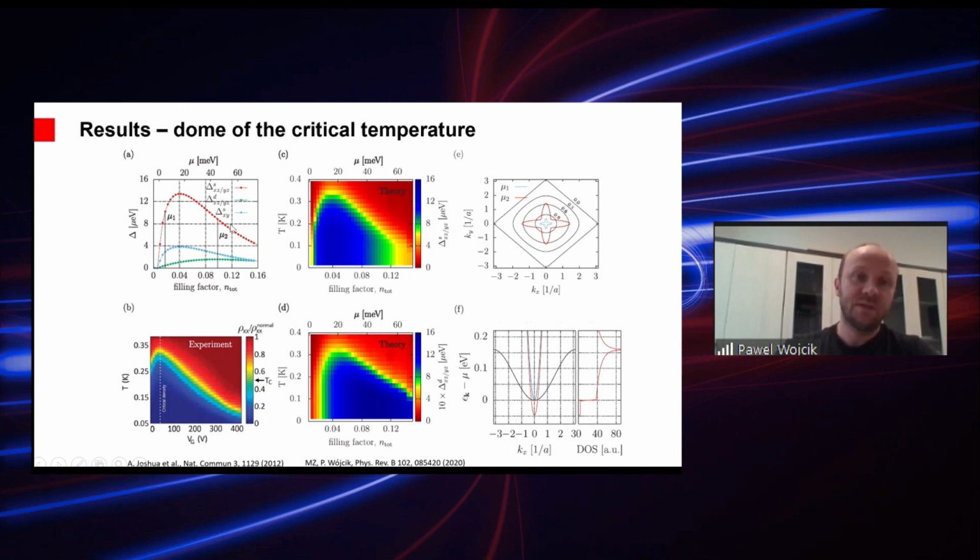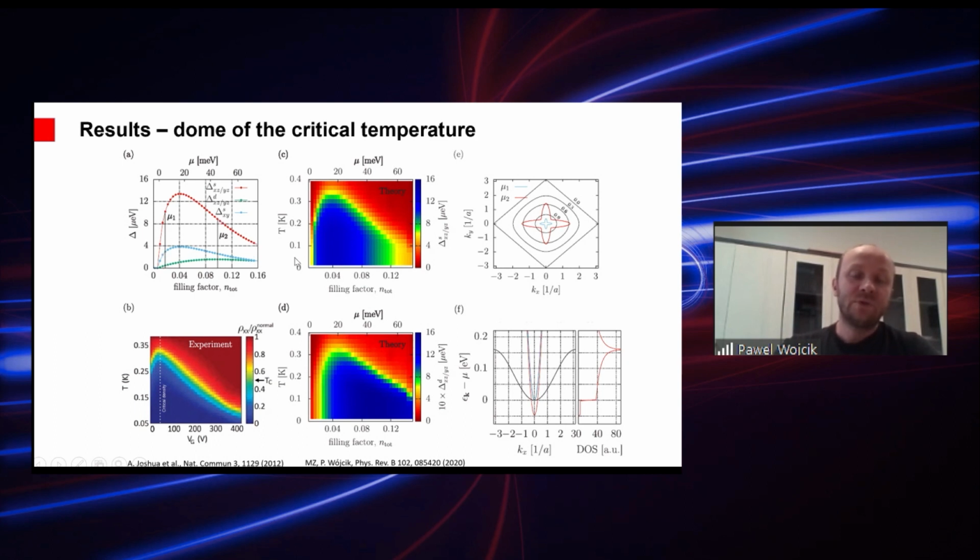So here you can see that the superconductivity in this system is induced mainly by pairing in these higher lying bands XZ and YZ in the extended S-wave symmetry of the gap. Of course, we also have a component of D symmetry, but it is much smaller than this extended S-wave symmetry.